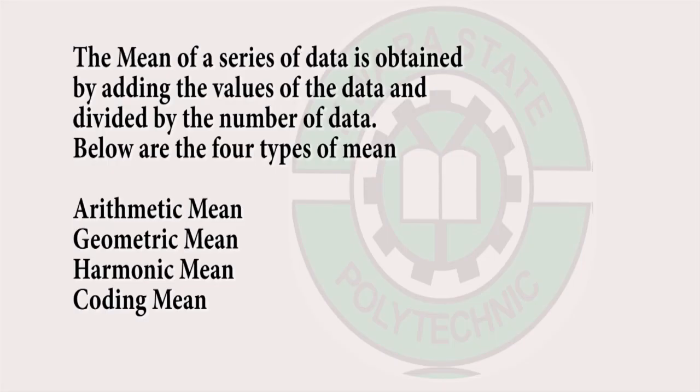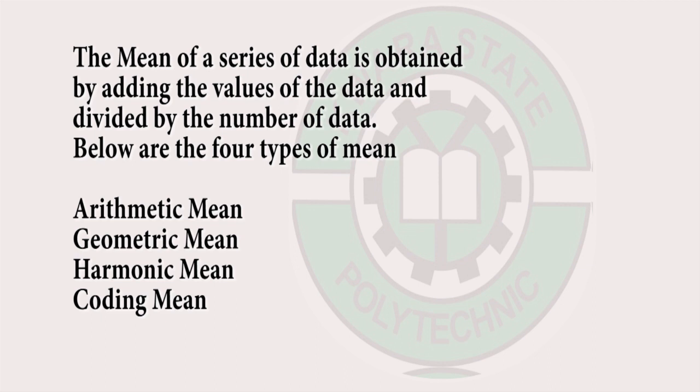So let's start with the mean. The mean of a set of data is obtained by adding all values of the data and dividing by the number of data. Like I said, we have different types of the mean.